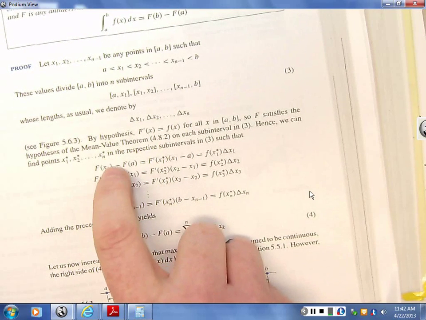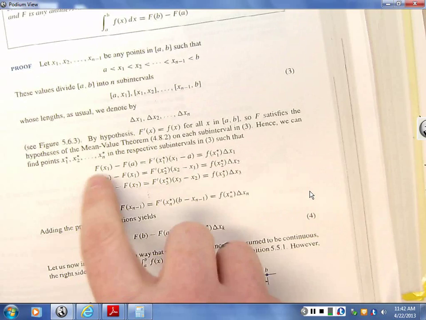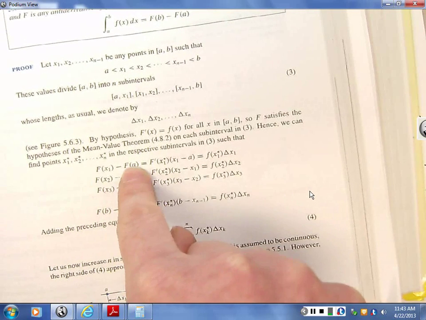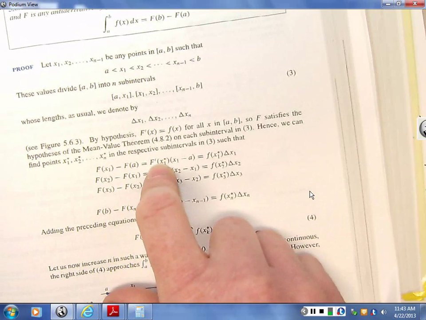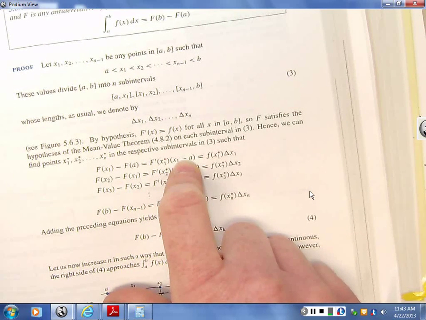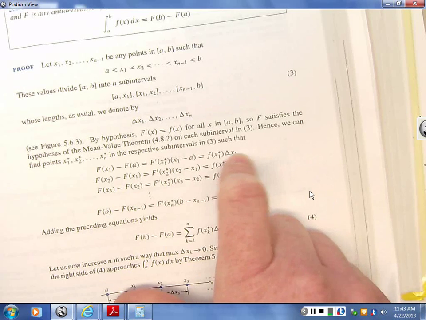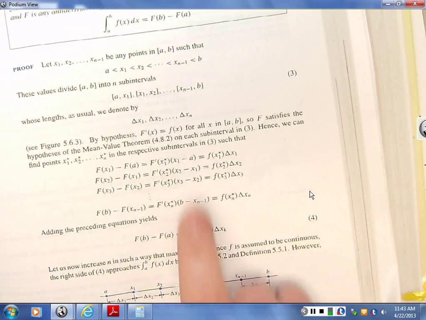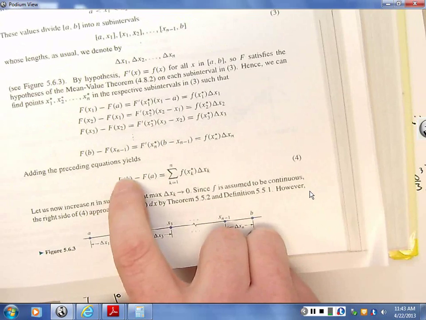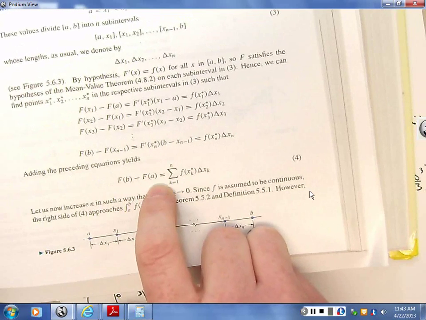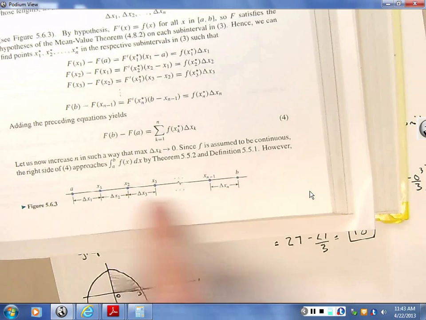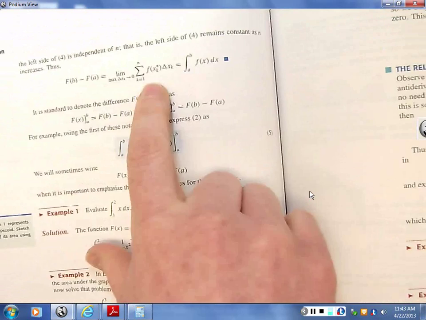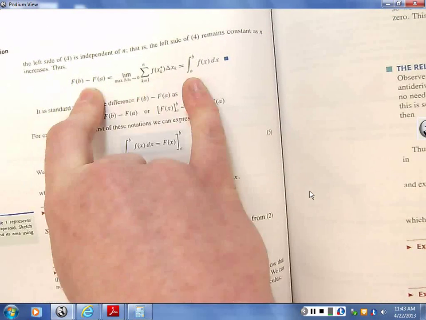The value of the function at x1 minus the value at a turns out to be the function value times the differential, the area of that rectangle, right? If I sum them up, I get the difference F(b) minus F(a). If I take the limit as the subinterval lengths shrink, I get the integral, which is the fundamental theorem of calculus.